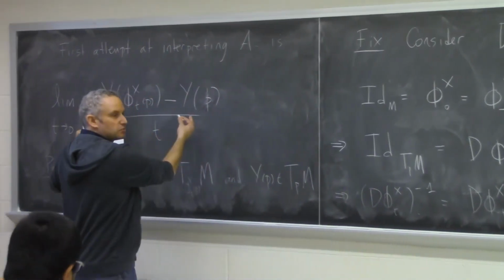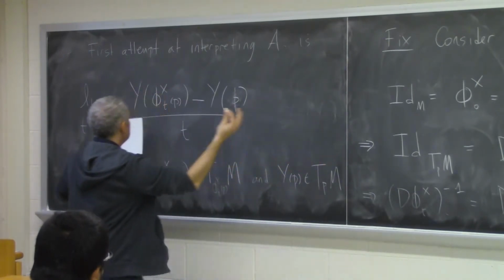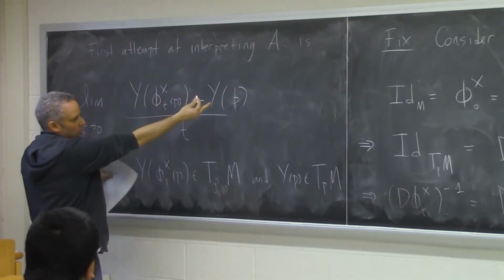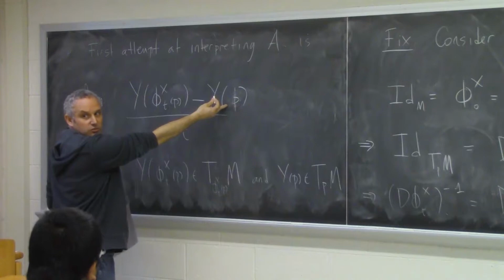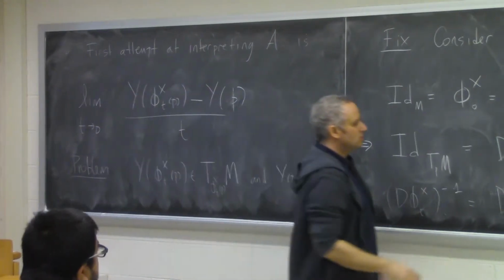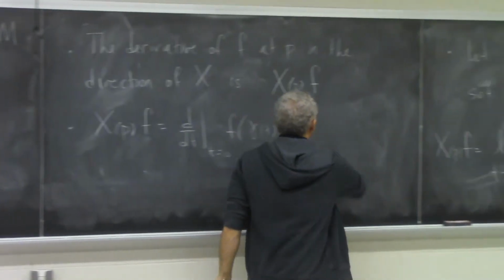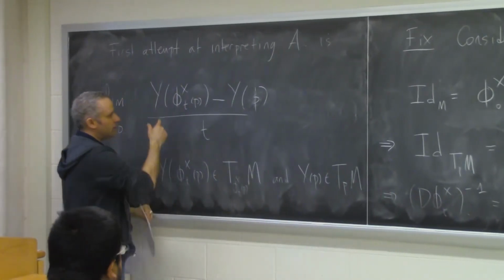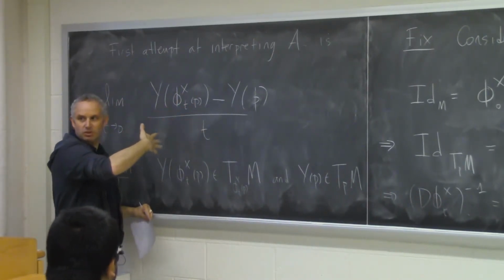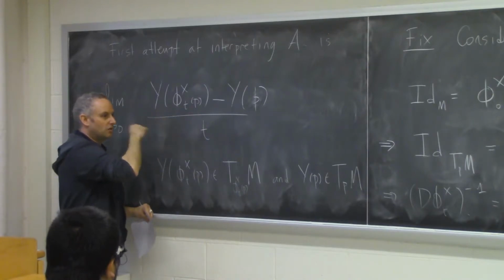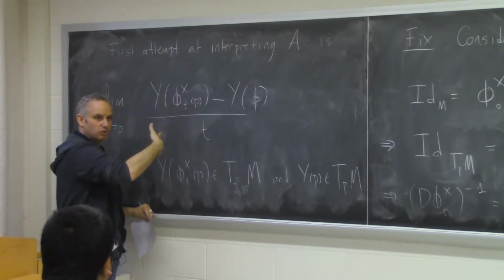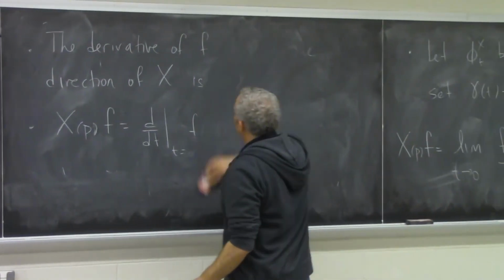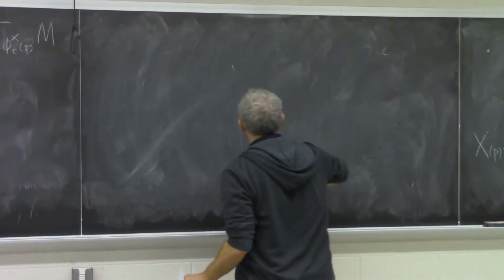All right, so now we're going to fix this problem. We're going to use these maps to move one of these vectors to, let's just pick this as our target vector space, the one that this belongs to. So now our second attempt, which is successful. This, by the way, is why we used not just a curve gamma, but the flow of x. So we have these diffeomorphisms coming. Without that choice, we wouldn't have a natural choice of diffeomorphisms. All right. So now to our final version of the directional derivative.